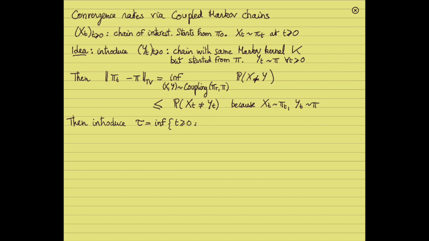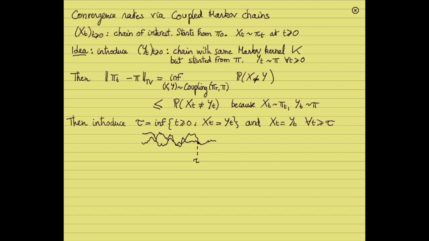So then we can introduce the meeting time, tau, the infimum, the smallest t, such that xt is equal to yt. So that's the time at which the two chains meet, if it exists, otherwise it's plus infinity. So we're going to assume that there's such a time tau. If we imagine a visual representation of the chains, we have x and we have y, and they meet.